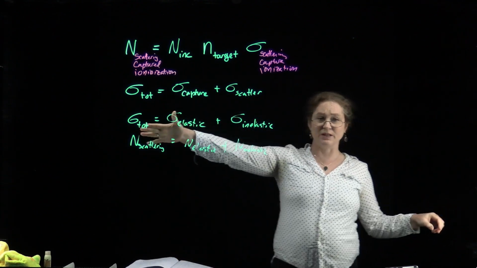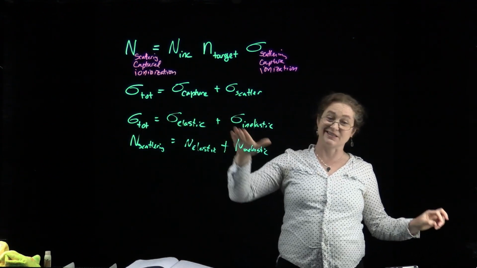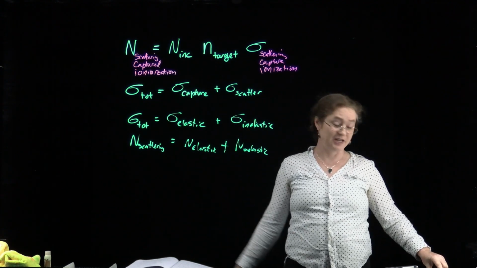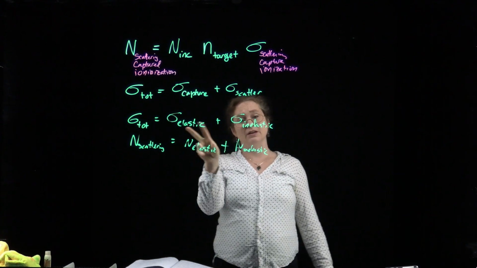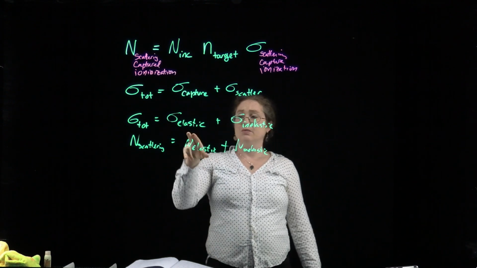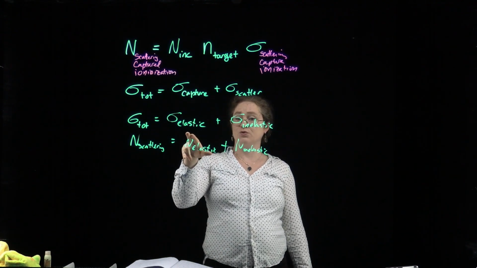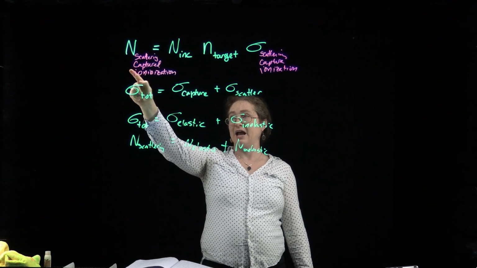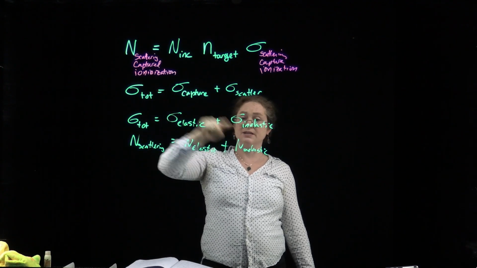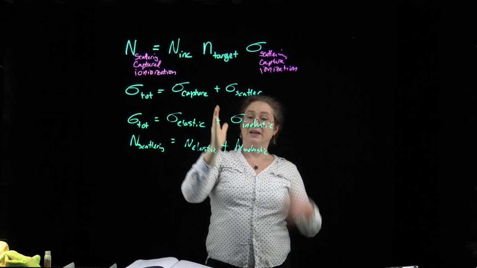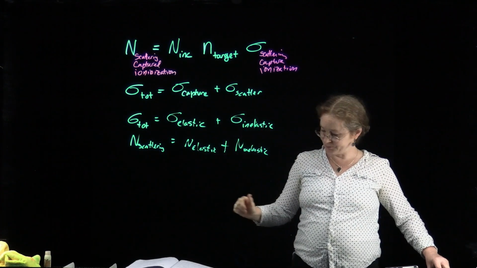So this is really saying that your total cross-section is the sum of the cross-sections of all the different types of processes. You have to be a little careful that you're not double counting, because for instance, a capture process is an inelastic process, so it's included in this term here.